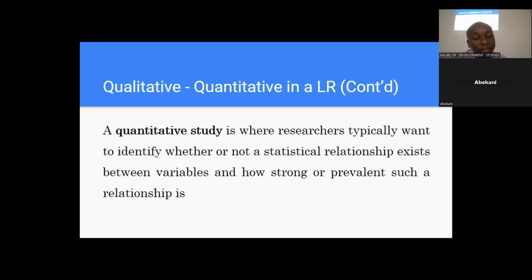Quantitative study is where researchers typically want to identify whether or not a statistical relationship exists between variables and how strong and prevalent such a relationship is. Okay, this is quantitative. It's about seeing if there is a correlation, a relationship between variables. That's why when you have a title like the effect of Ndumunyarwanda on reconciliation, it sounds quantitative.